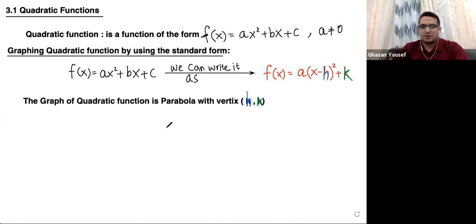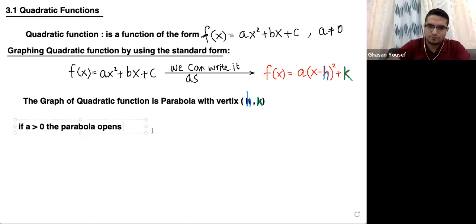Okay, so the graph for any quadratic function is a parabola. The vertex is going to be the ordered pair or the point h, comma, k. And we have to know also if a is greater than 0, so the parabola opens upward.